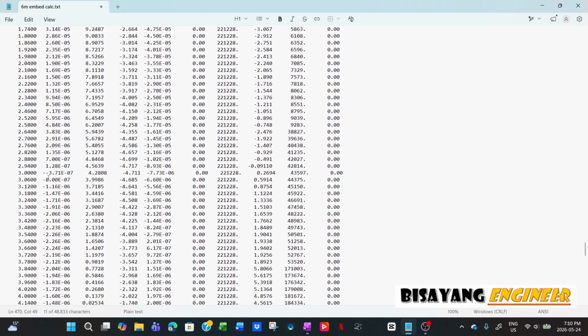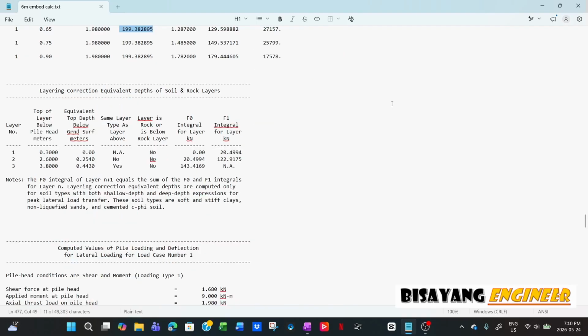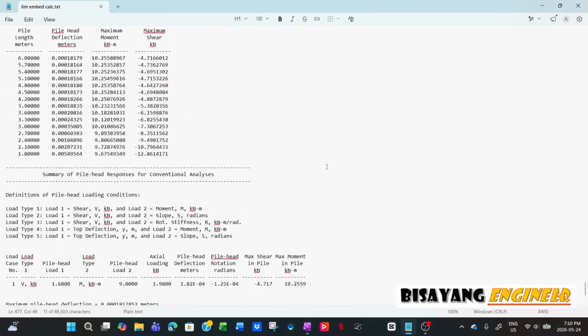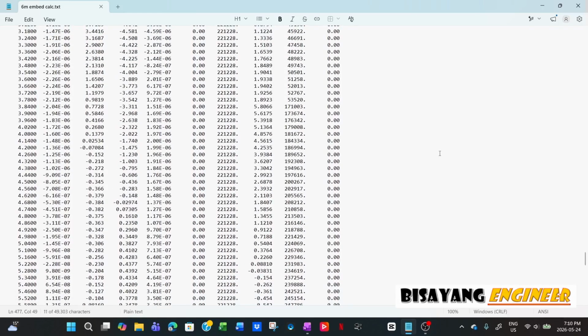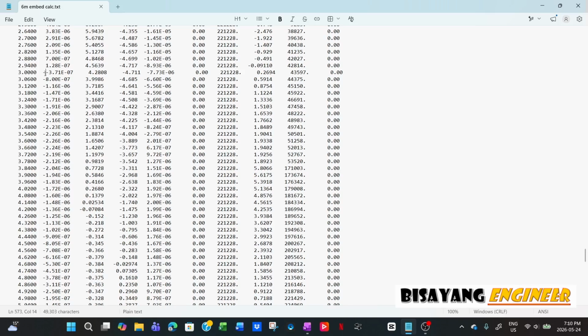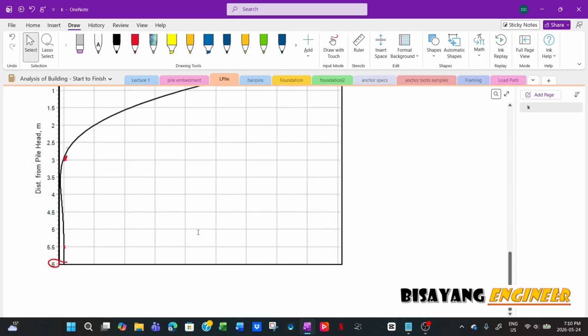I don't know why there's a double negative here. Yeah, it should be just one. Anyway, at 3 meters you have your first point of inflection. It changed from positive to negative, so that is to the left.